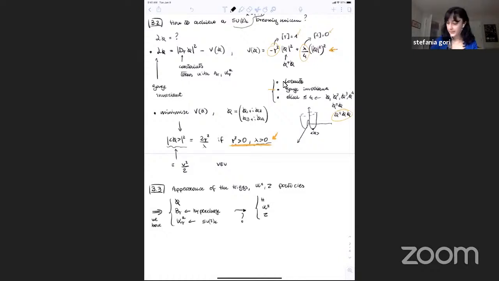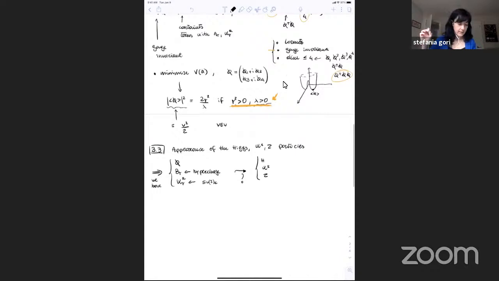So to do so, it's pretty convenient to write down the scalar field in what I would call polar coordinates, in the sense that we started, and I wrote it down above, with the field configuration like this. And now I can write down explicitly the minimum this way.